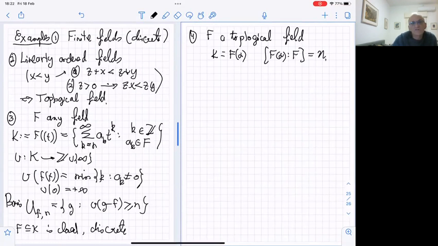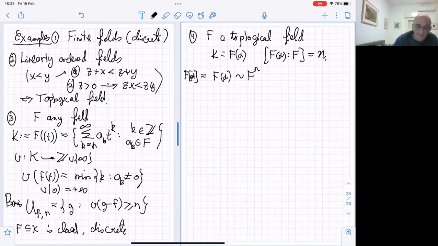Then in this case, just like the complex and the reals, we know that we can identify F alpha with F to the n. F alpha is a vector space over F of dimension n. And it also equals the polynomial ring F[alpha]. We just associate to every element of F^n a polynomial over F where alpha is plugged in.